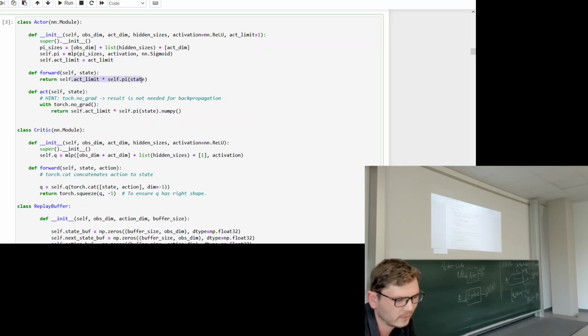We need this with a gradient, so to say, for when we are training, and without a gradient when we are just acting, right? If we are doing the test case, then we are not really interested in the gradient because we are not optimizing any longer. So we can perform the same operation without a gradient, which will not change the result of the action, of course, but it will free up some resources on our computational hardware.